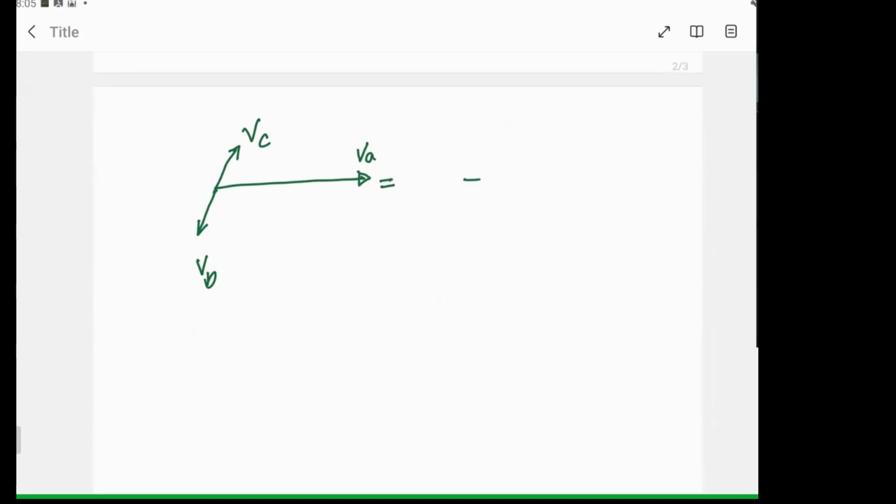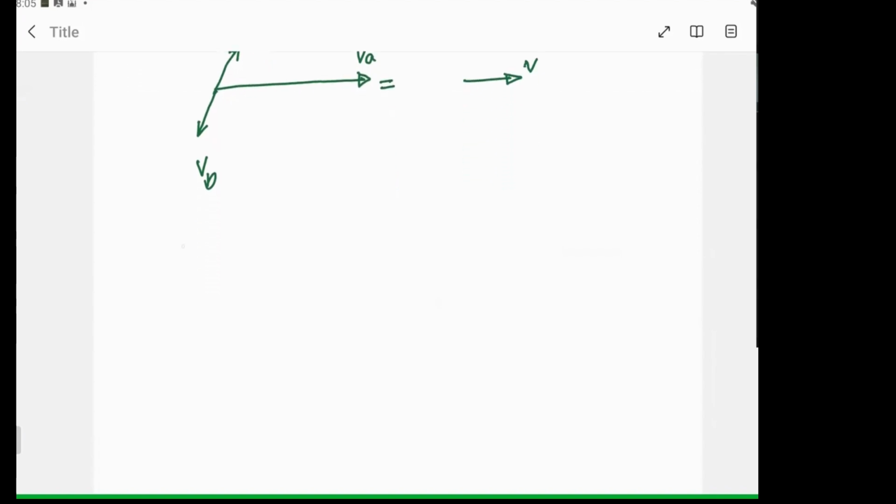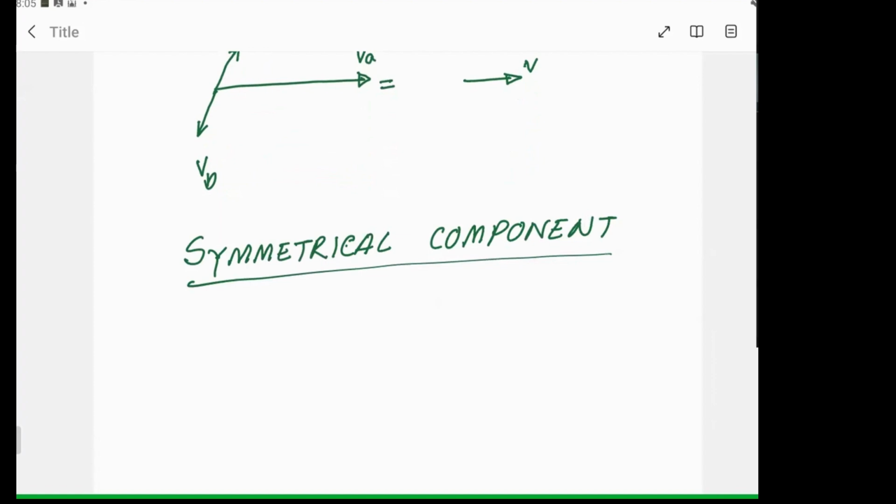The first balanced system I will have is the positive sequence, and that is called the symmetrical component. So we need to understand symmetrical components, and we have three of them.